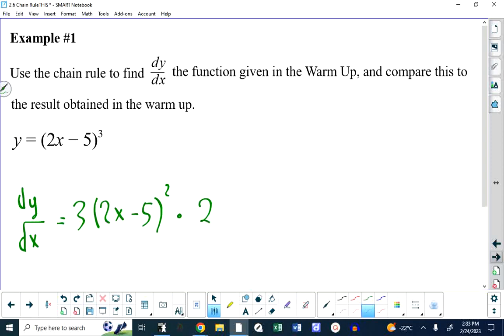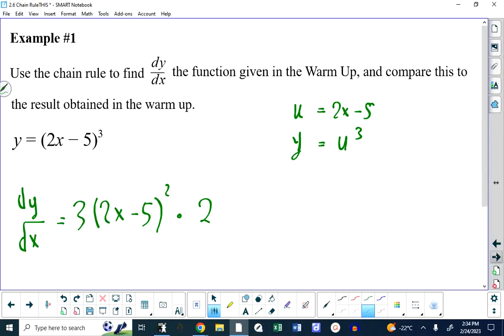Your textbook and most instructors I've seen would have you start using the chain rule by doing this. By saying we are going to let u equal 2x minus 5. That means the function becomes y equals u cubed.